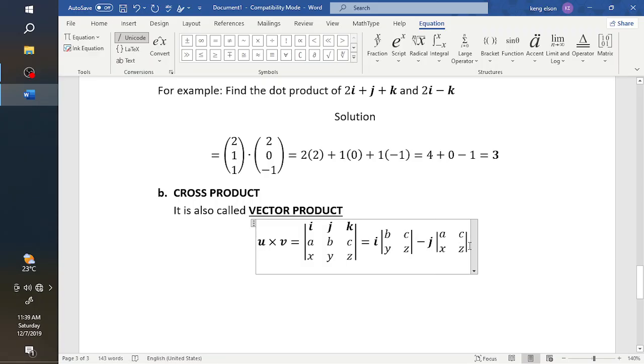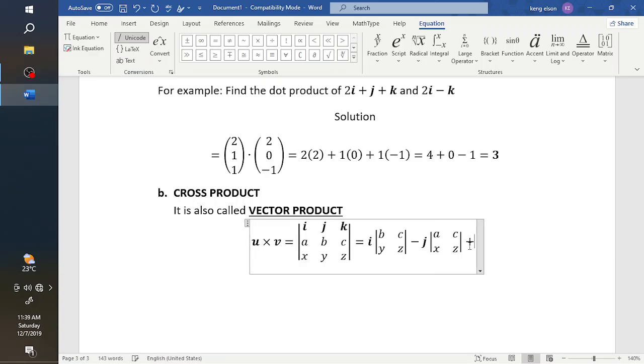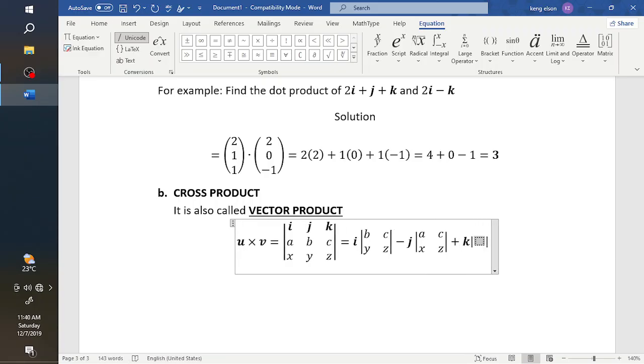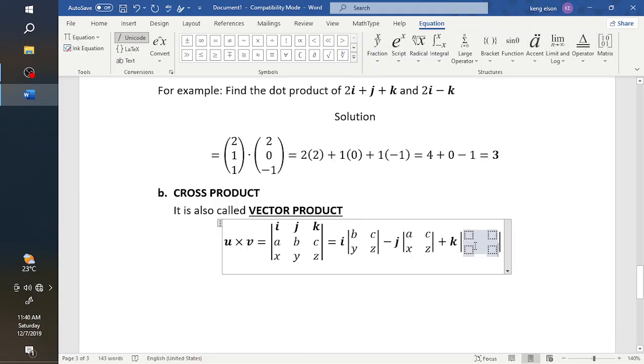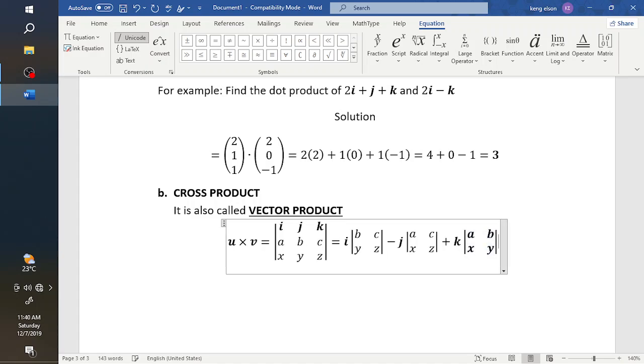Now when you cover k, the sign is positive, so we have plus k. Now we are also left with another 2 by 2 matrix. So follow me if you have the answer. If I cover this, I'm now left with a, b, x and y. So we have a, b, x and y. Now we just have to do this.